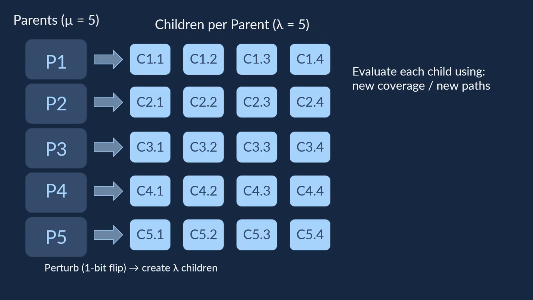So you may be thinking, why can't we have 50 parents or 60 parents? What's the downside of increasing the number of parents or children that we have if it just explores more of the space? So more evaluations technically means more overhead and more time spent testing the candidate schedules rather than doing the fuzzing itself.